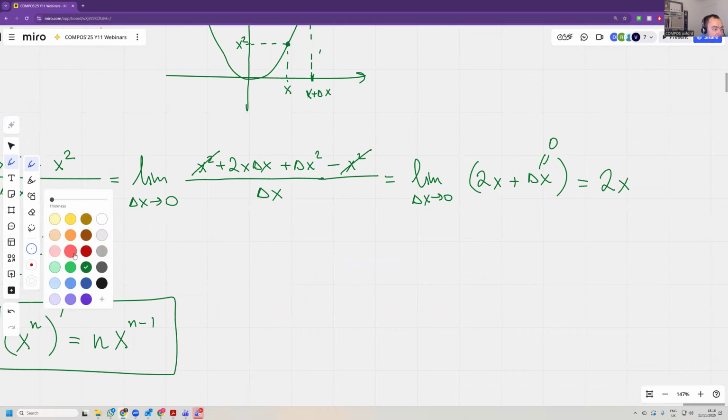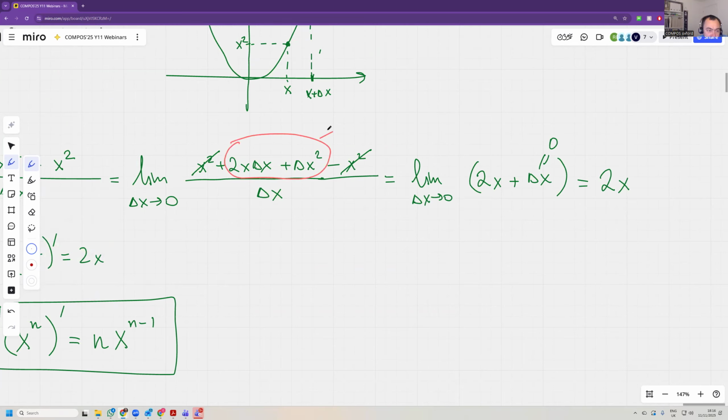That this thing tends to 0 and this thing tends to 0? Well, true, yes. But you would get something that tends to 0. You wouldn't get 0. You would get something that tends to 0.